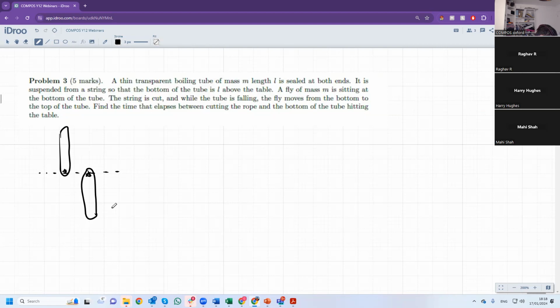Even if the fly has a mini jetpack or a solar battery, whatever, it won't change the answer. Even if it has a small nuclear device that blasts her from the bottom of the tube to the top of the tube.